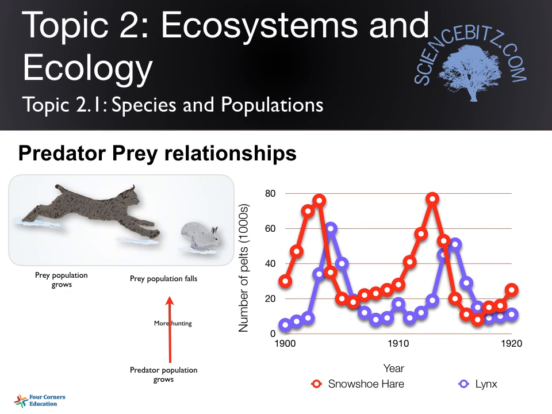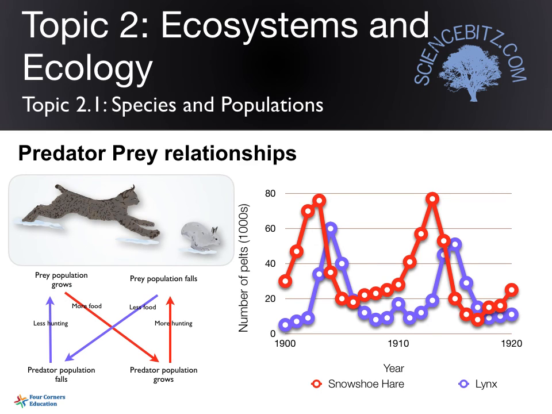As you notice, there are two peaks in this graph, and the peak for the population size of the lynx always seems to follow the peak for the population size of the snowshoe hare. So if we look at our illustration at the side, we can see what's actually happening.